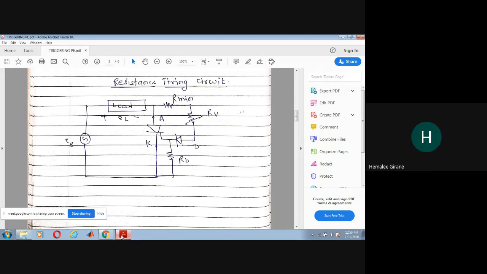Why is it an AC gate triggering method? Earlier we have learned the types, that's why I'm asking you. How can you say it is an AC gate triggering method?